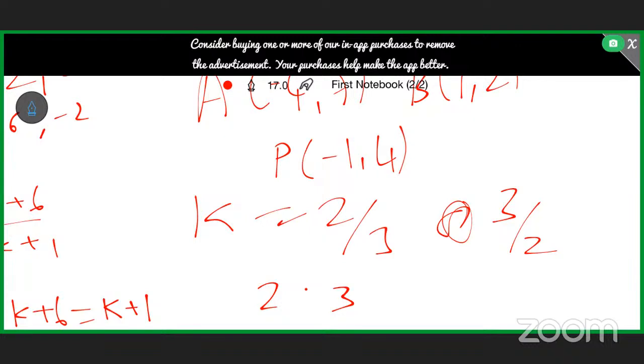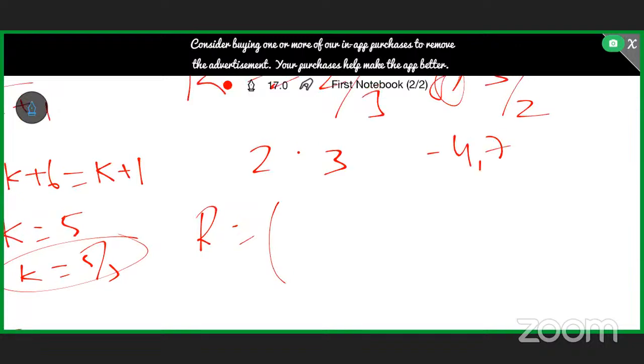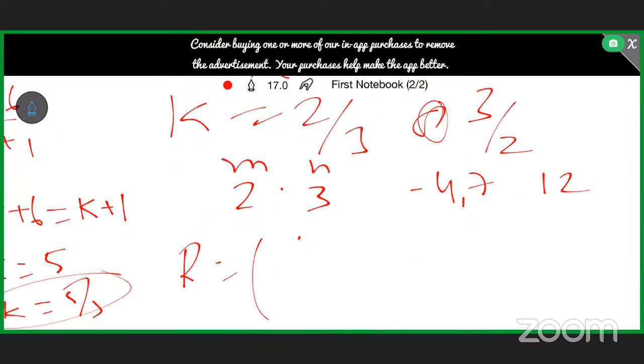So from here you're getting confused. So what is my A value here, minus 4, 7, and my B value is 1 comma 2. Sir, your voice is not clear. Is it clear now?